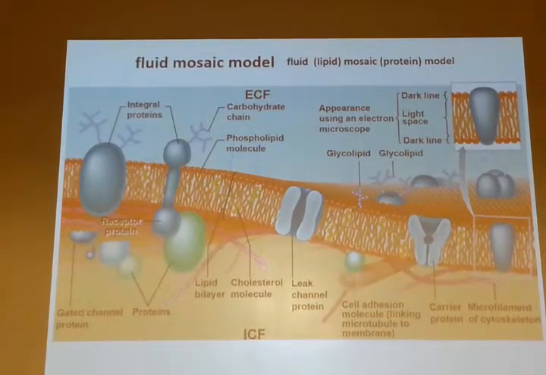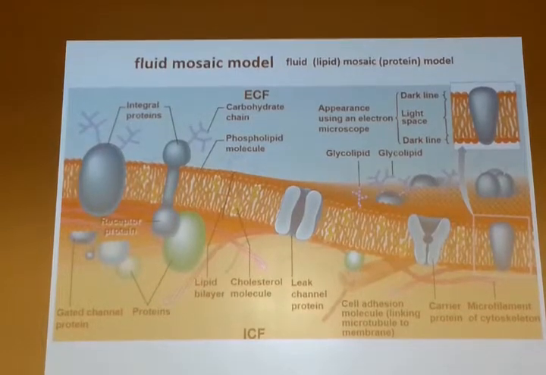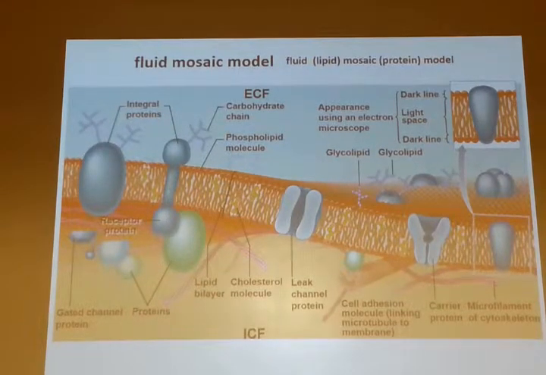Sodium diffuses off because it's in low concentration inside. The binding site for glucose disappears, glucose is released inside, and then the protein goes back to its original shape. It flops back out. So sodium and glucose get co-transported in by these types of proteins that have binding sites. So that one shows one binding site, but some have two binding sites.